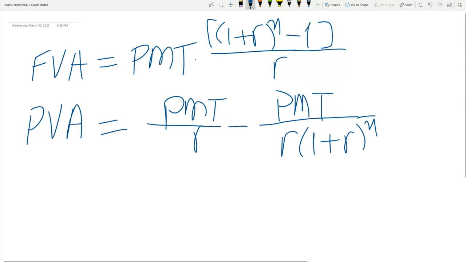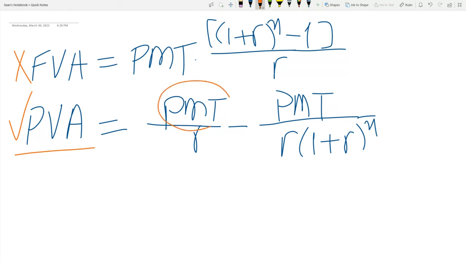But again, what we want is not the future value of annuity. What we need now is this, because we are dealing with the net present value, right? What we want to know is the payment. We need to solve this equation for payment because this is known.